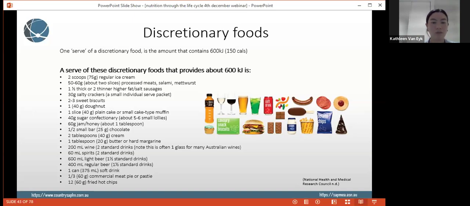Or the one that gets me is the 1/3 of a meat pie or pasty. It's not a lot, and it adds up quite quickly. For some patients, which Lauren will touch on a bit more later, we probably actually need some more of those things, whereas for our patients like John, we're trying to keep those to maybe a couple of times a week.